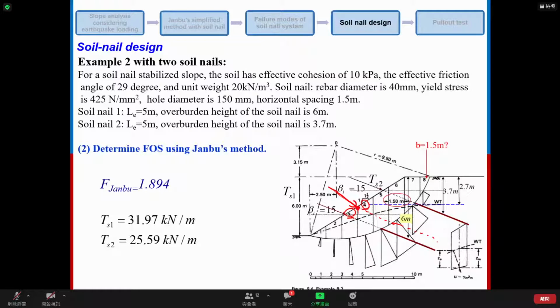You see that, right? So all the force of this soil nail can be regarded as the external force on slice 4 only. This is a condition you will confront in the assignment, and this is the only thing I want to remind you.